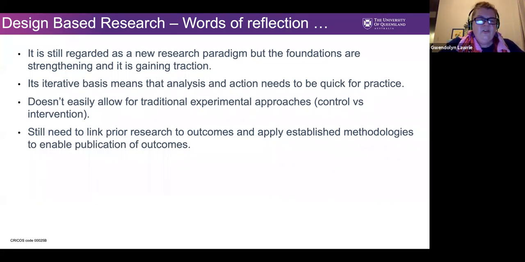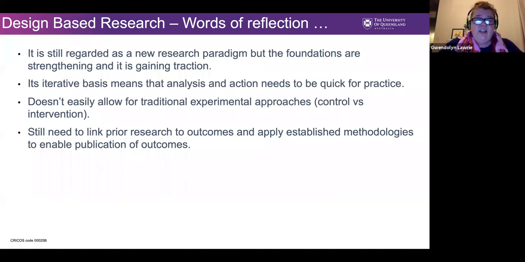It doesn't allow for traditional experimental approaches. Most people involved in this research want to do an intervention because they believe it's beneficial for students. So being able to compare a control group with the experimental group isn't something that you might likely try in this type of research. And there are many journals out there that really want to see that sort of experimental approach.